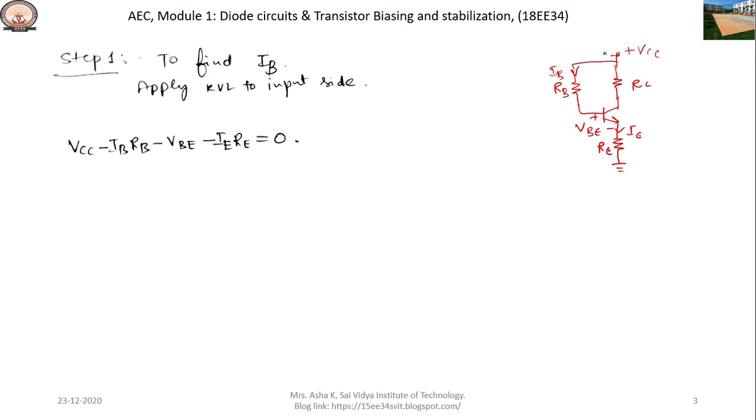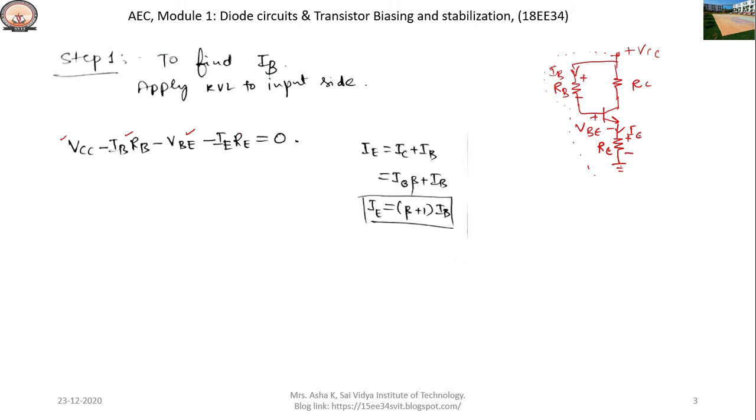Applying KVL, from ground to the positive terminal plus VCC, then positive to negative IBRB, then minus VBE, then minus IERE is equal to 0.